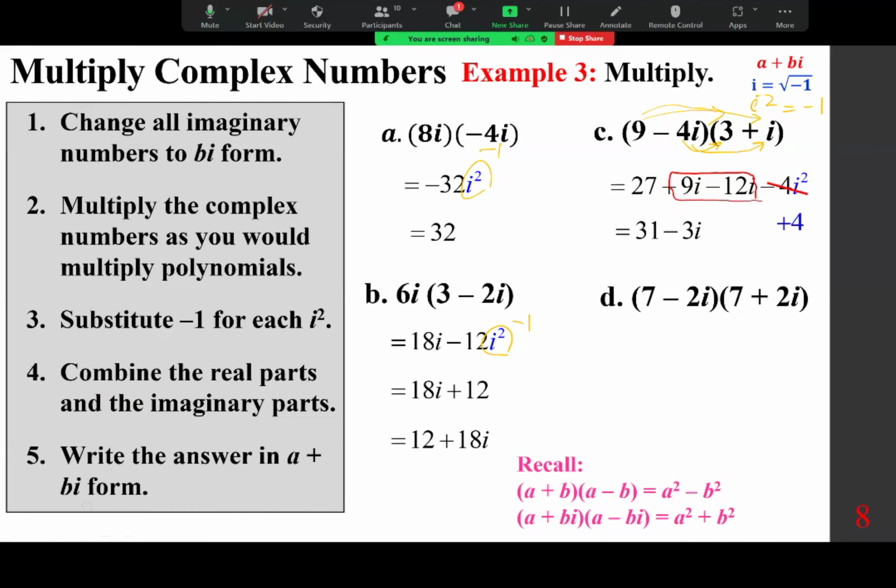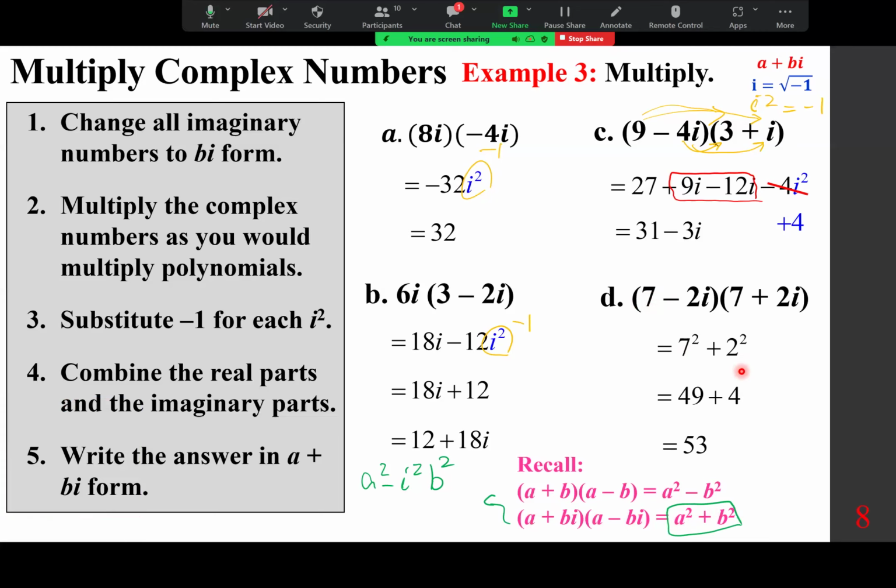So this one will give us a squared minus i squared b squared, and therefore a squared plus b squared. Remember that, use that. With that being the case, we're going to use this, it becomes 7 squared plus 2 squared. 49 and 4, they add up to 53.